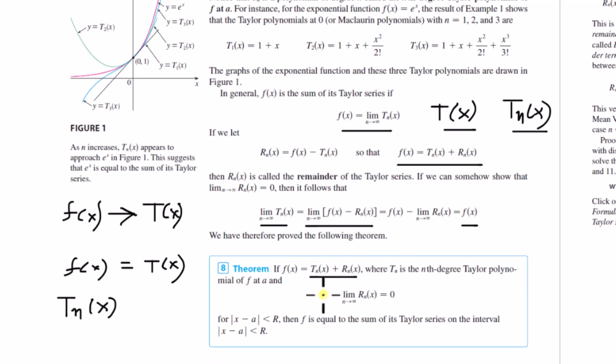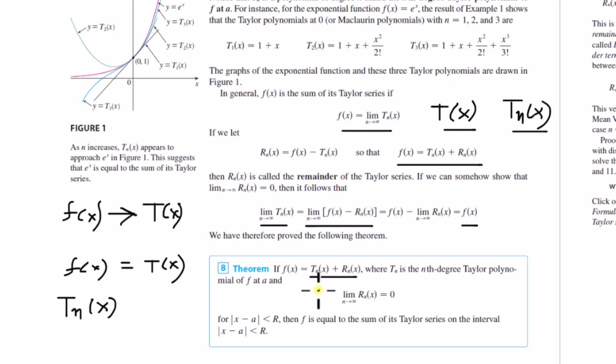And that makes sense, but you might be scratching your head thinking that yeah, that's true, but the tricky part here is, what's r sub n of x? Because the key to making this work is you have to know what r sub n of x is. It has to be related to the f of x, right? Because the idea is you can have an f of x and you can associate with it a t sub n of x. But this remainder here is the difference between the t sub n of x and the function itself.